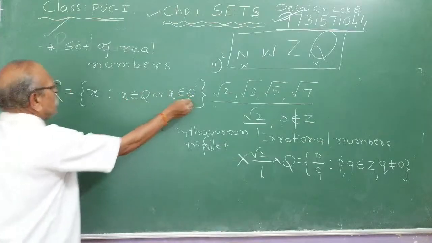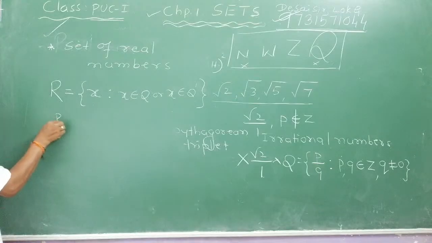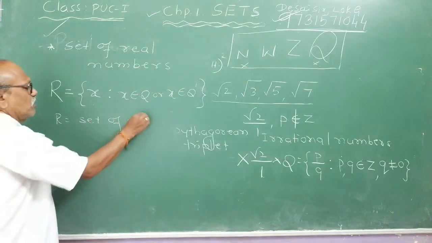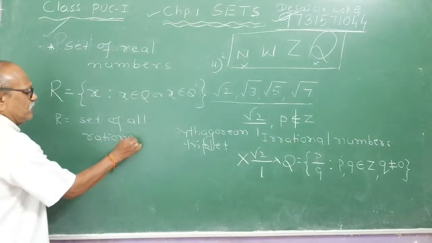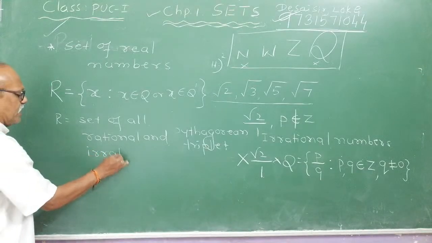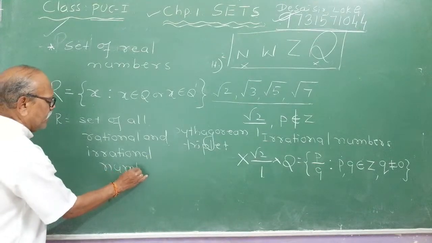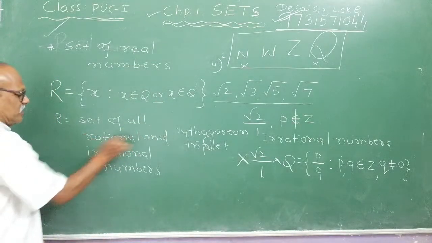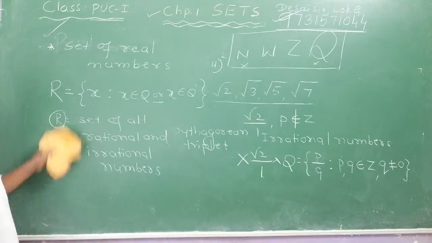Rational numbers and irrational numbers together come under the set of real numbers. Set of all rational and irrational numbers is called the set of real numbers. Are you getting me?